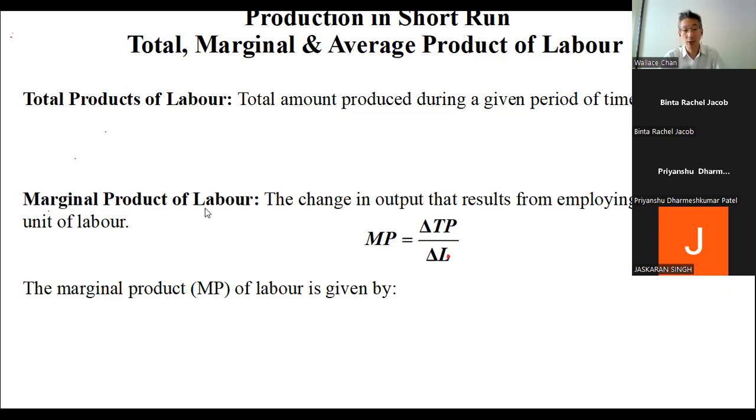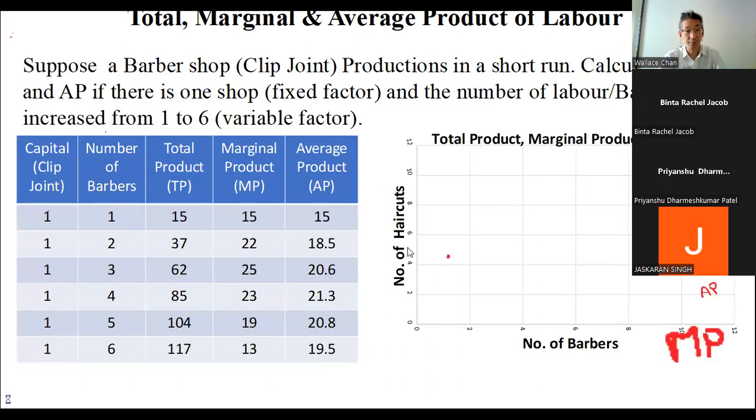In other words, the marginal product of labor is the change in total product caused by the change of this additional labor. The marginal product, MP, of labor is given by this. Let me show you the example here.